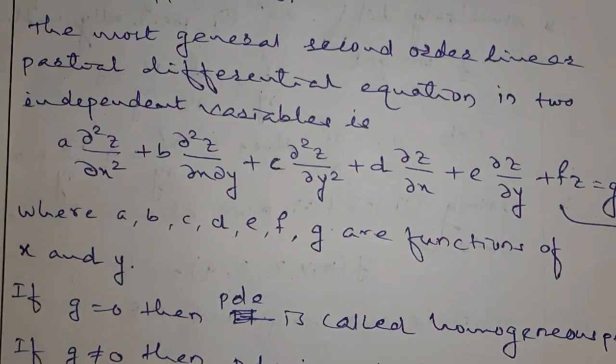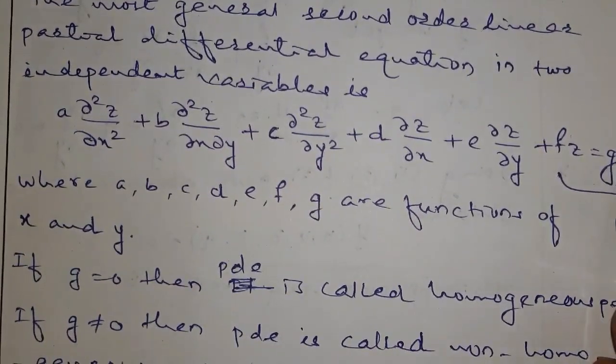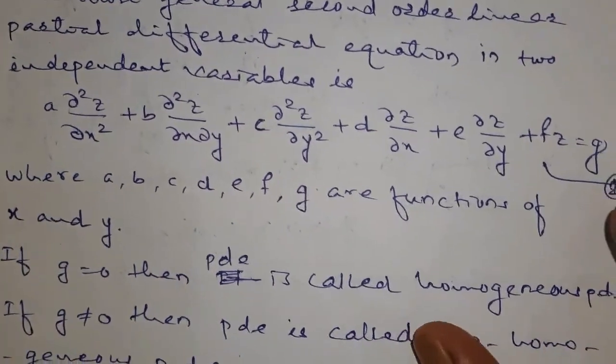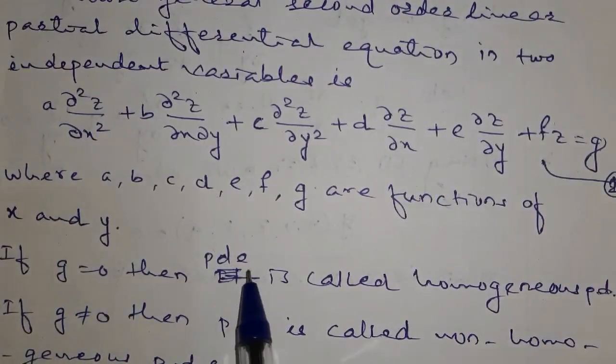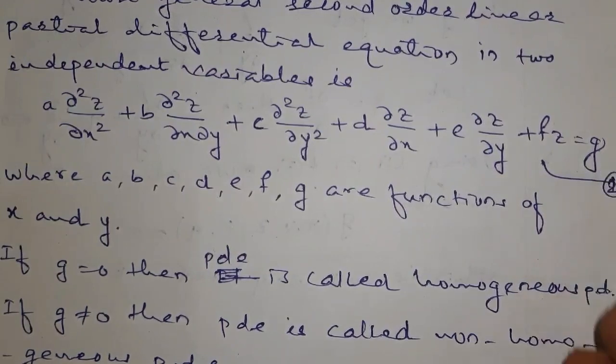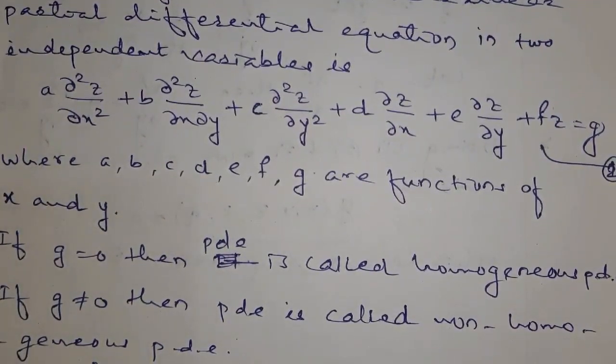But I have to define two concepts here, two definitions. If this g, the right hand side, is 0, then that partial differential equation is called a homogeneous partial differential equation. Same as in the linear case, right hand side equal to 0 means it is homogeneous, and if g is not equal to 0, then it is called a non-homogeneous partial differential equation.